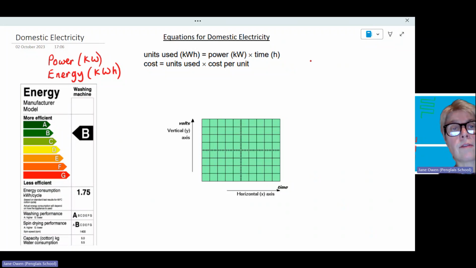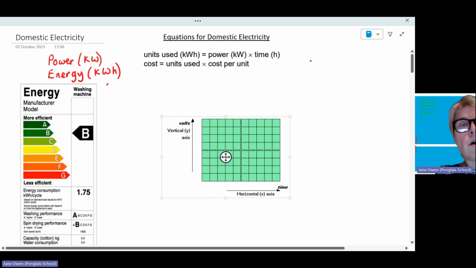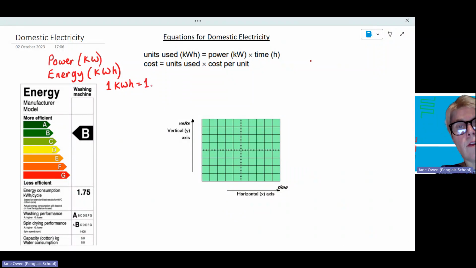That's why we tend to use kilowatts and hours, and kilowatts times the time in hours gives us the energy. And 1 kilowatt hour gives us 1 unit of electricity.